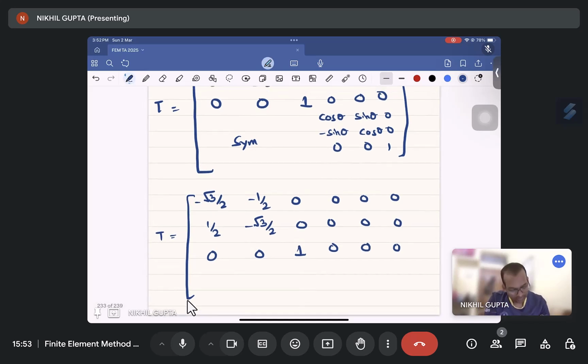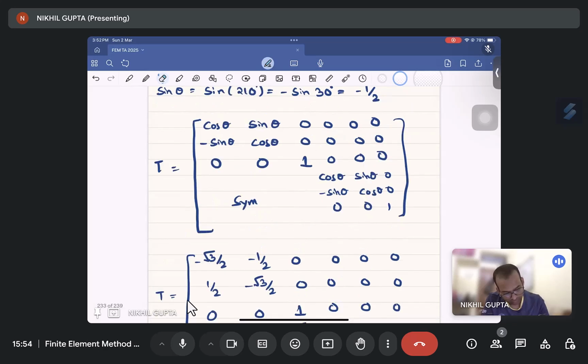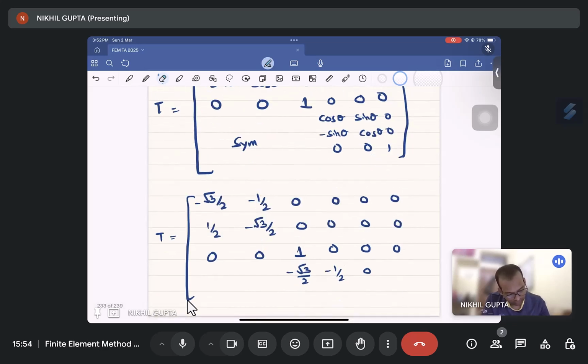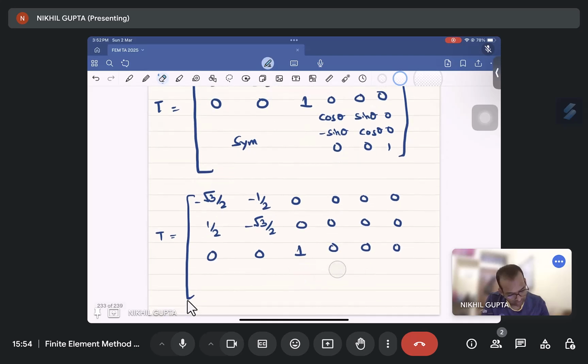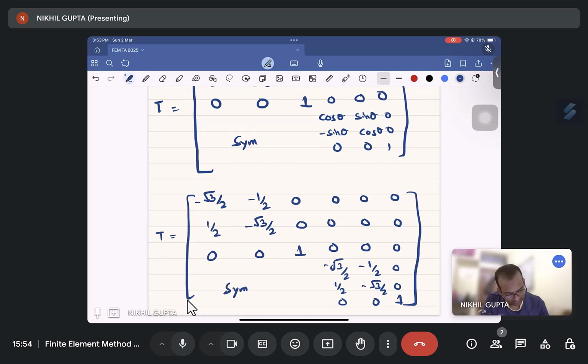Then it will be repeated as above, which is minus root 3 by 2, minus 1 by 2, and double zero. It will be 1 2 3 4 5 6, 1 2 3 4 5 6. Oh wait, it will start from here. So minus root 3 by 2, minus 1 by 2, 0, then 1 by 2, minus root 3 by 2, 0, and double zero and 1. This side it will be symmetric.